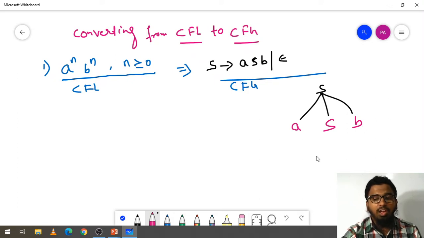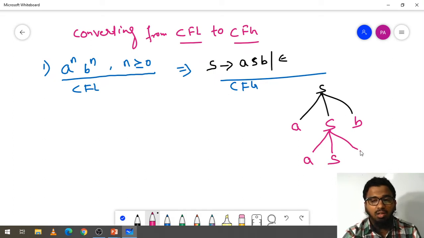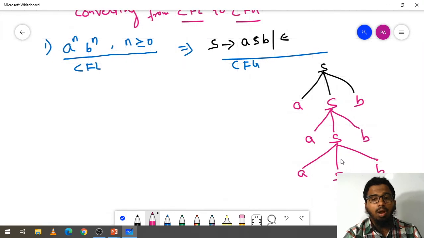So again you can expand this, 1, 2, 3: a, non-terminal S, B. If you go like this, it will go till the last, because as long as we have the non-terminal, this tree will expand a number of times.